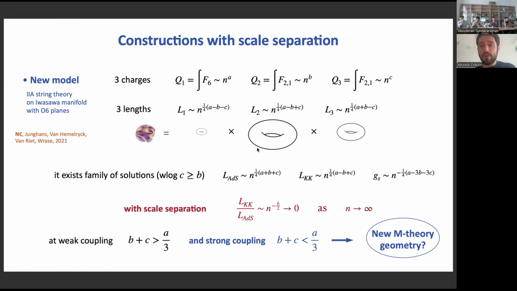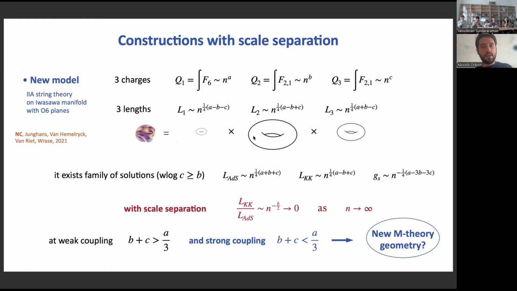But now, crucially, the toroidal orbifold cannot be isotropic. There are 3 tori, but they must be of different sizes, otherwise you don't realize scale separation. So this model was in fact known before our work, but it was not known to be scale separated because people usually at the beginning study the isotropic case, and therefore they missed the property that this model could realize scale separation.